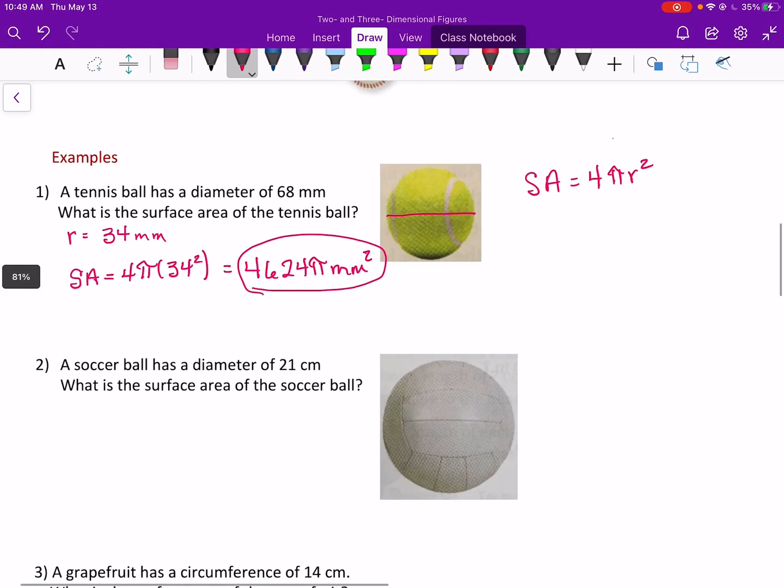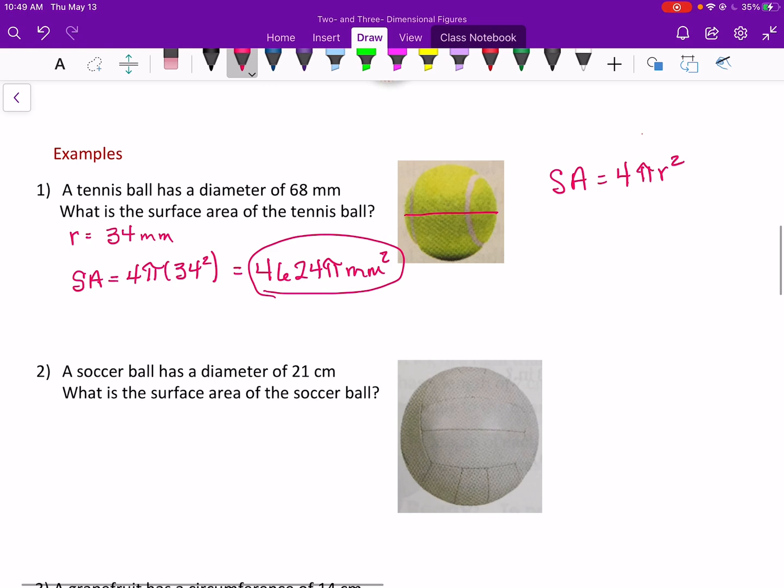Let's do one more. Here's a soccer ball. It has a diameter of 21 centimeters. Notice the word is diameter. That means the radius is half of that, or 10.5. So what's the surface area?